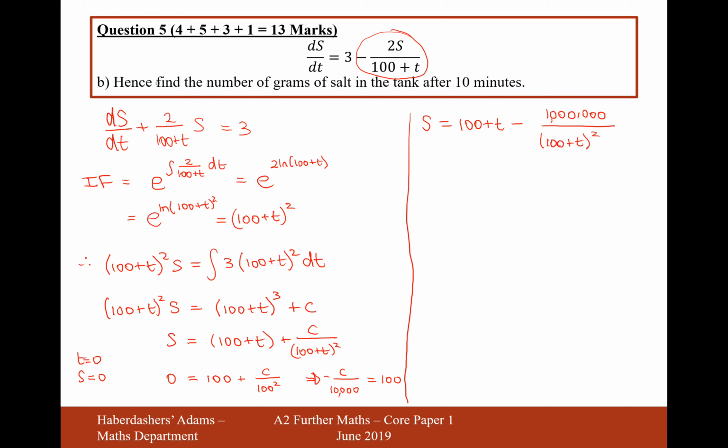So hence find the number of grams of salt in the tank after 10 minutes. Okay, let's go ahead then. So s equals (100 + 10)^3 minus 1 million divided by 110 squared, which is going to equal, let's grab a calculator for that, and that's going to be 27.4 grams.